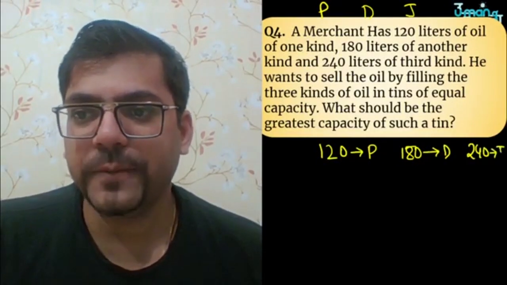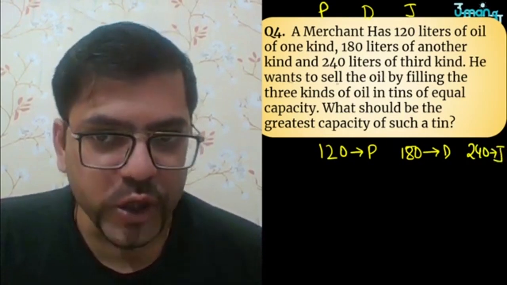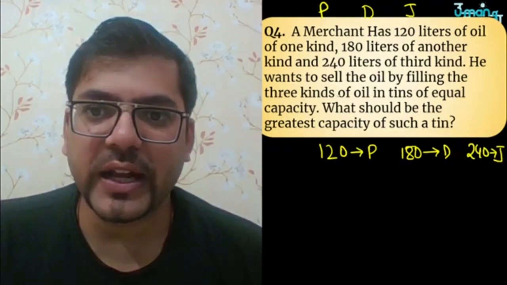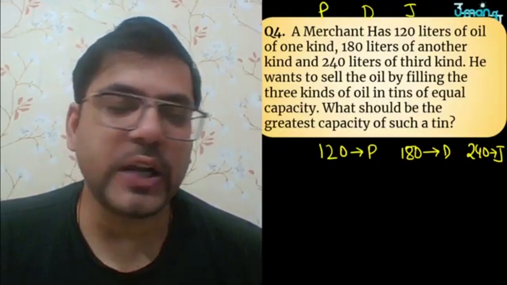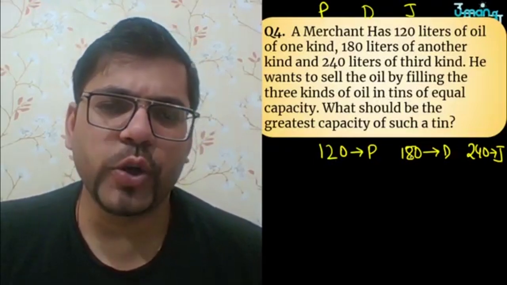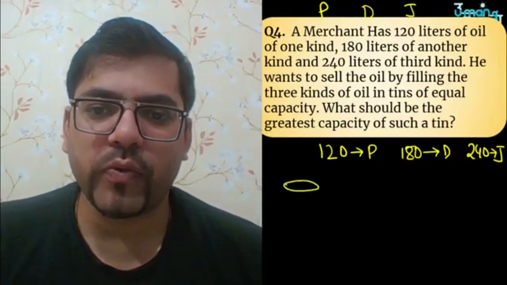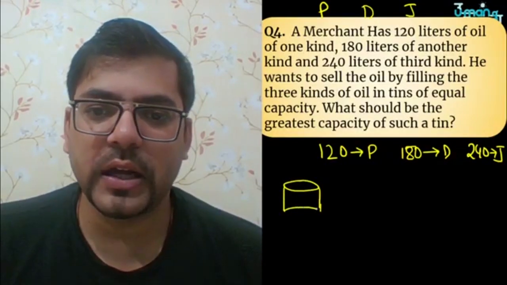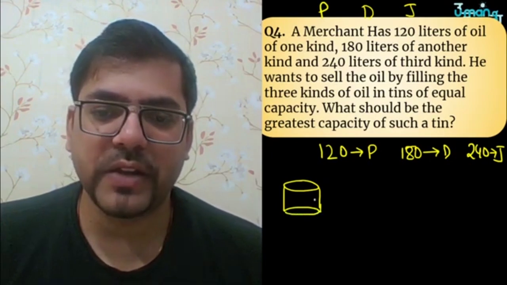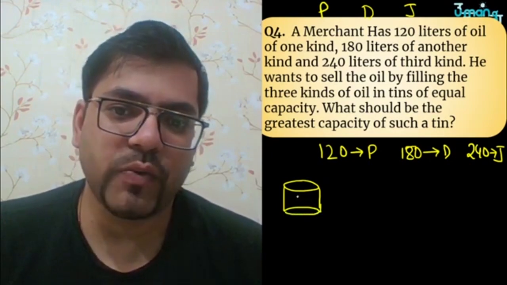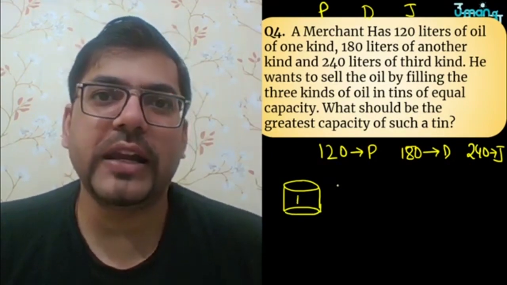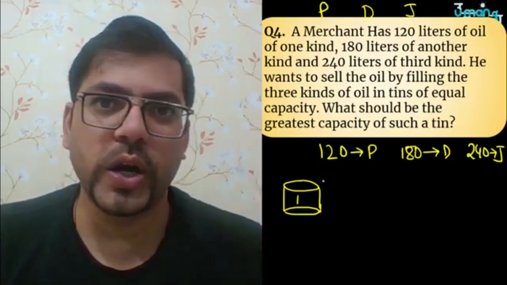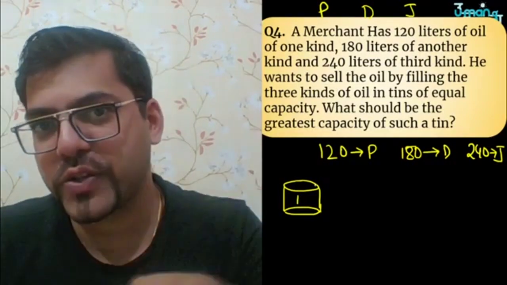He wants to sell the oil by filling the three kinds of oil in tins of equal capacity. Obviously he went to a market where he got tins, and in the market they won't give you different quantities of tins. Say for example there is a 1 liter tin, you'll have to buy 100 or 200 or 500 such tins, and in that only you have to sell the oil.